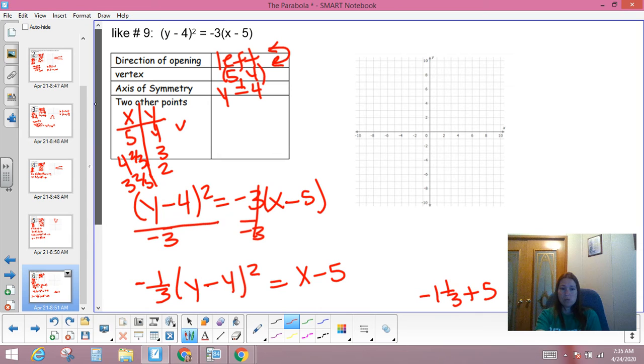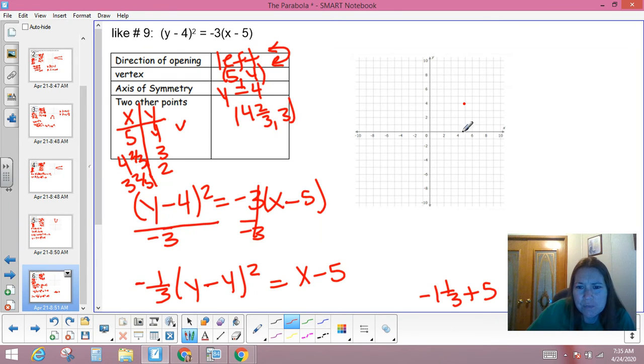Okay, so plotting our points. We have a point at 5, 4. I don't like getting this close to the camera, y'all, but I can't see my screen. So what's our next point? 4 2/3 and 3. So 4 2/3, 3 is going to be really, really close.